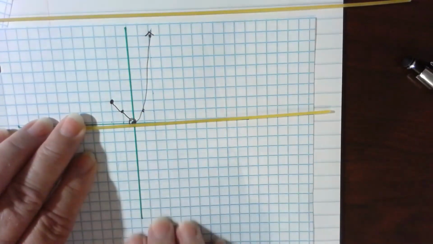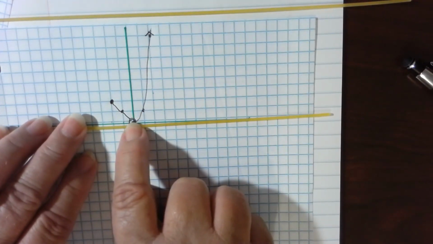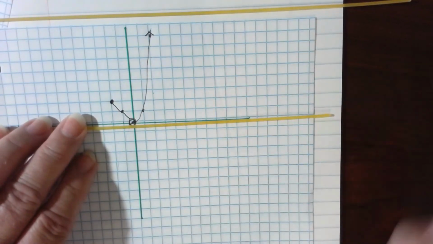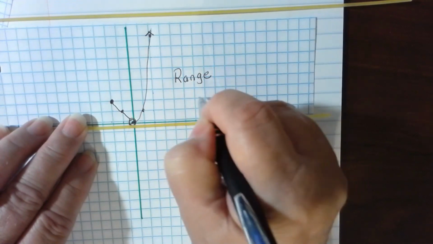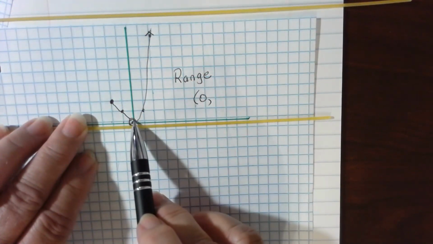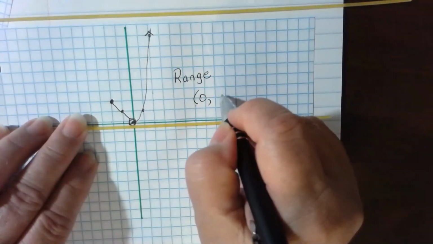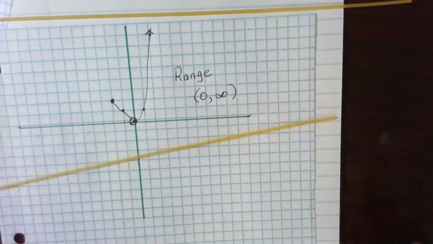See, there's nothing down here. It starts at 0, but it doesn't include the 0 because it's an open circle. So for the range, I'm going to start at 0 with a parenthesis because it's not included, and then I'm going to go all the way to positive infinity for the range.